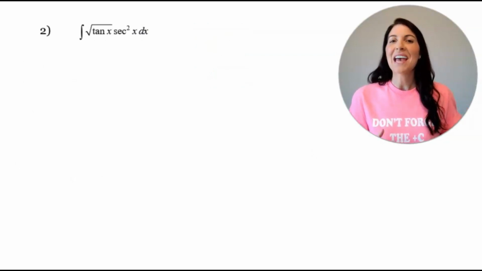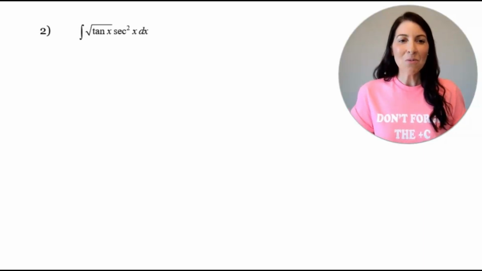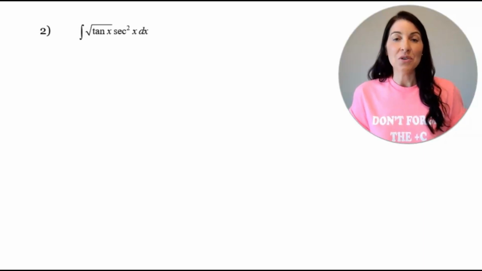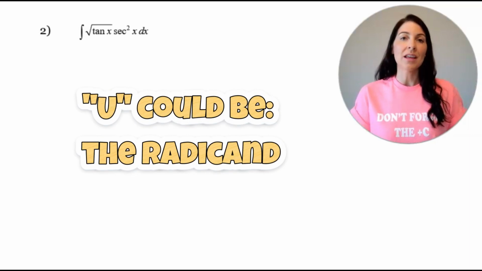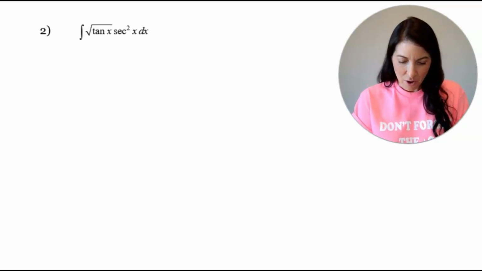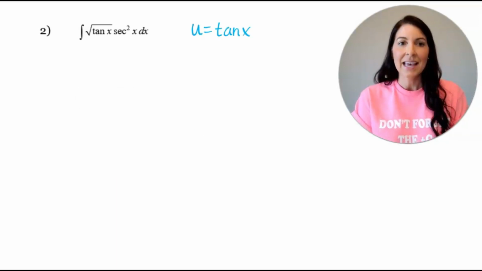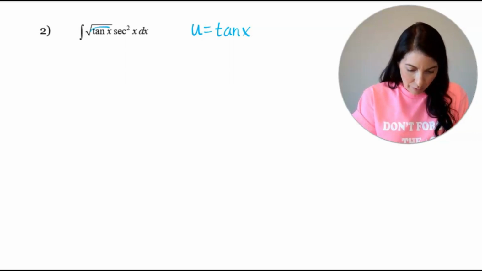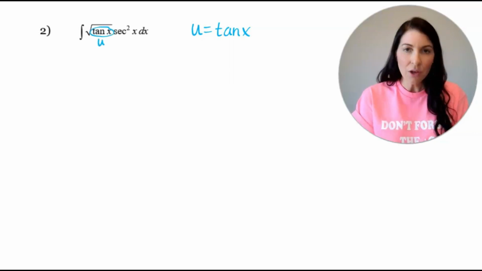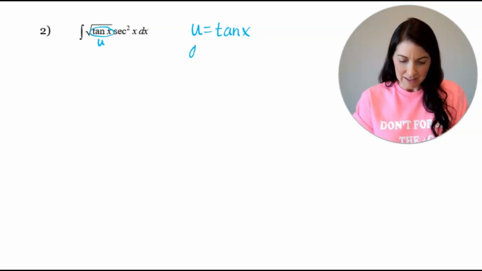So in number 2, we have some trigonometric functions in here. So in this one common place you could find your u is underneath a radical. And in this problem, that's what I'm going to make as our u. For our u, I'm going to define u as the tangent of x. And so I know I'm going to replace this tangent x with u. And then let's take the derivative of u with respect to x.